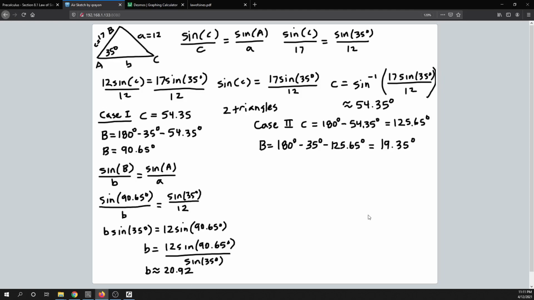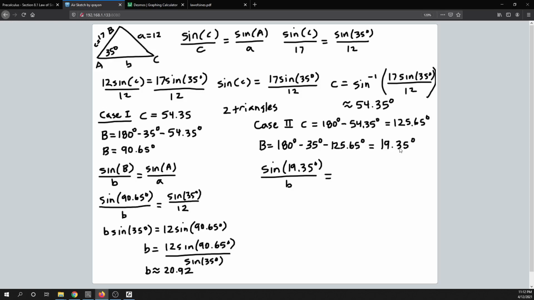All right, and then I'm going to have to do exactly the same thing for case 2, using the same formula here, sine B over B. So that's going to be sine of angle B. Angle B in this case is 19.35 degrees over B.